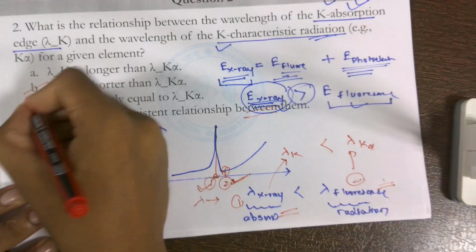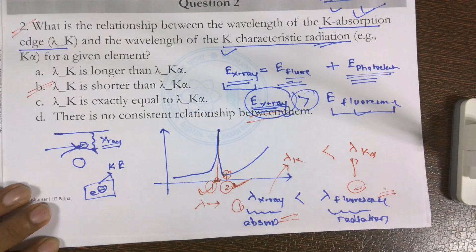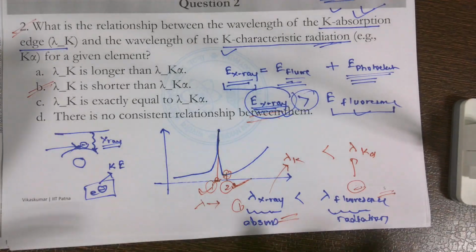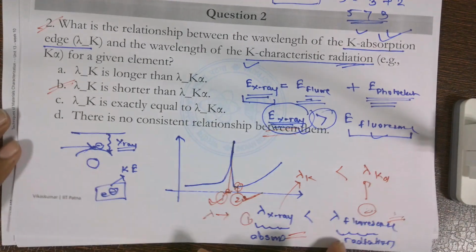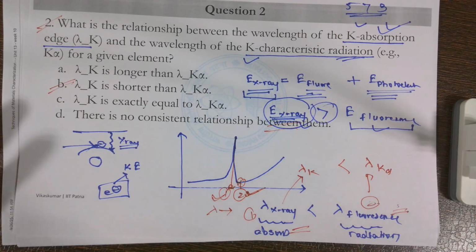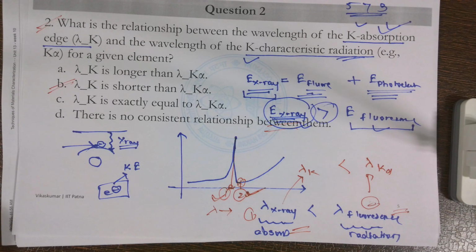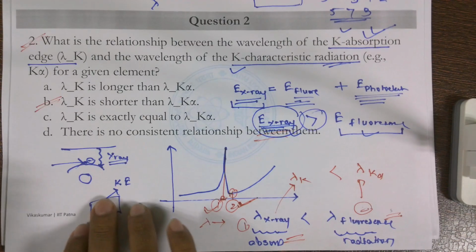So the right answer here is option B. I hope this is clear. If not, please let me know and we can discuss it again. Okay. Since it's clear, let's move to the next part.